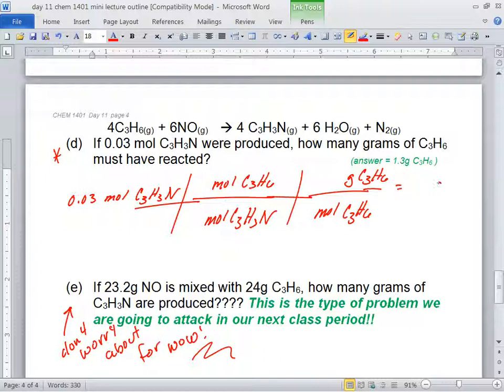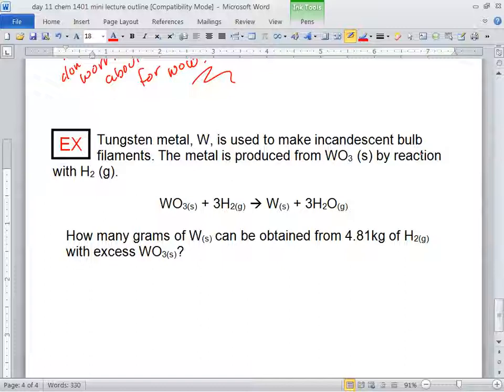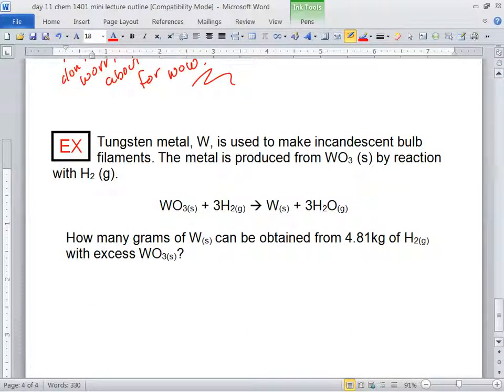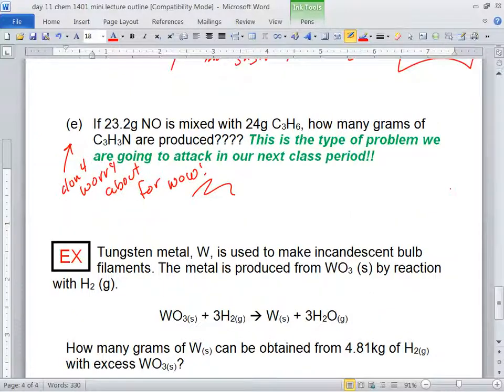Hey, sir, can we like stop after the tungsten one? Can you check my work? Tungsten's the last one. Is it? I was doing the E one and I didn't see it. Yeah, you don't need to do the E one. Sir, I already did it. Did you pick your smallest answer?